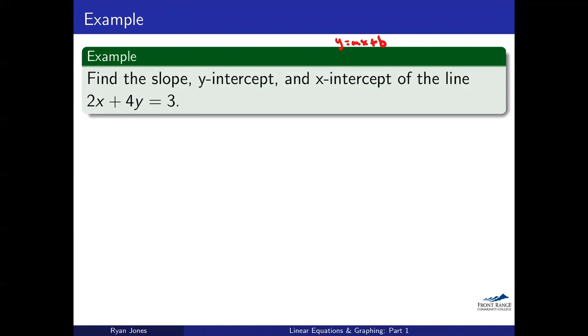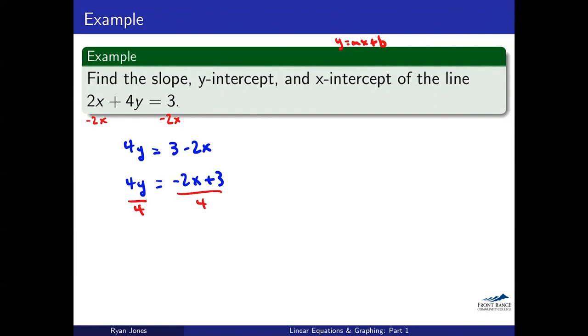So if I subtract 2x from both sides, I'm going to have 4y equals 3 minus 2x. And then just to be good, we're going to write this the opposite way, just going to flip that around. Then we're going to divide both sides by 4.